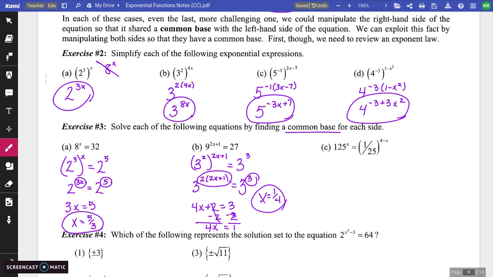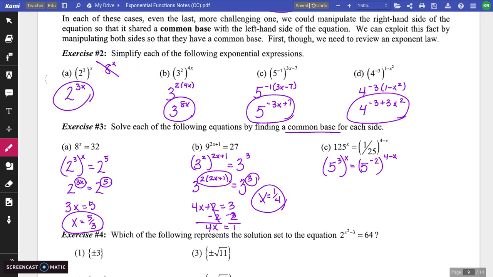All right, C, 125 and then 1/125th. Well, those can both be rewritten as powers of 5. 125 is 5 cubed to the x power. And then we did this one a little earlier. So if you remember, this was 5 to the negative 2nd power. And then that would be to the 4 minus x power.